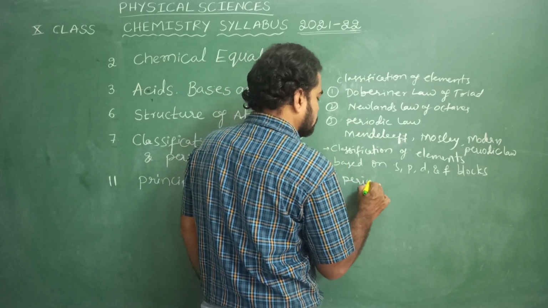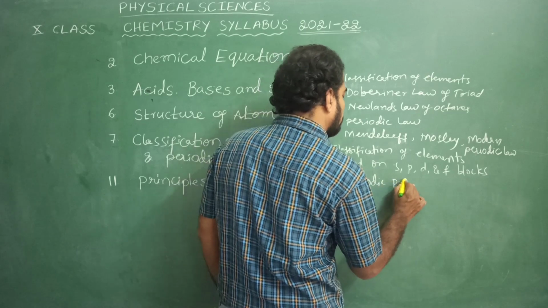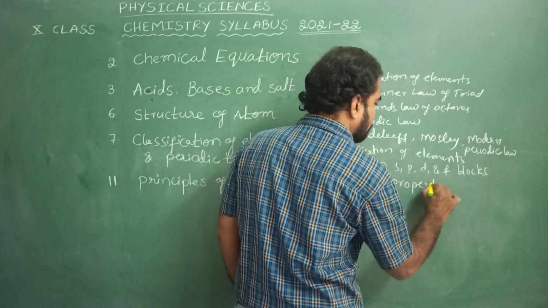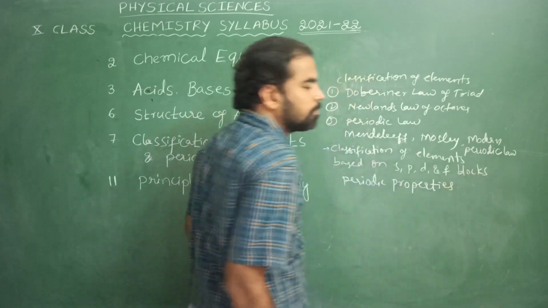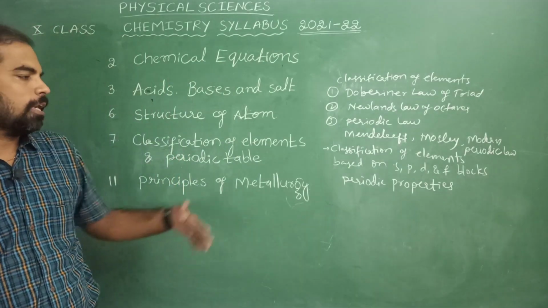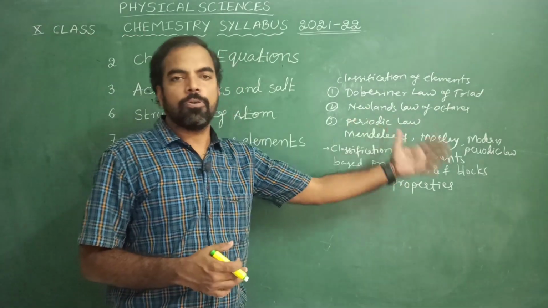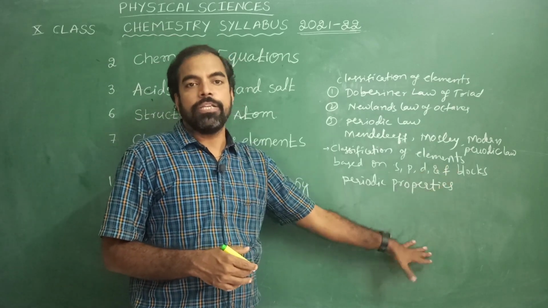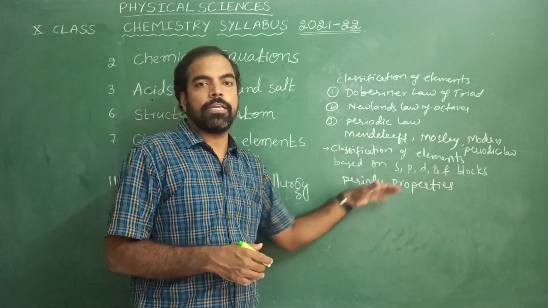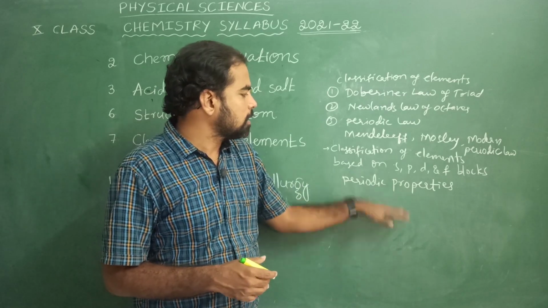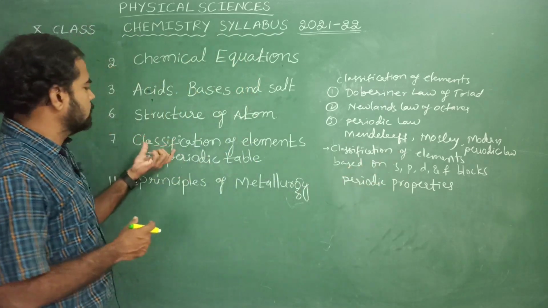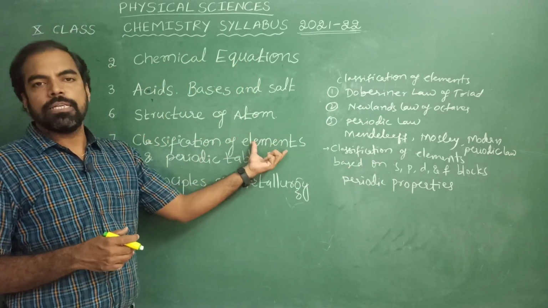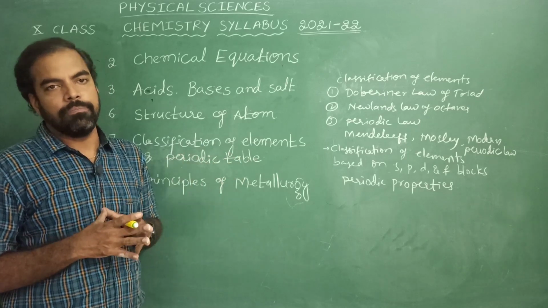Periodic properties: atomic radius, ionization potential, electron affinity, electronegativity, electropositivity, valency, metallic nature, non-metallic nature, nature of oxides, acidic oxide, basic oxide. So all these are discussed in classification of elements and periodic table.